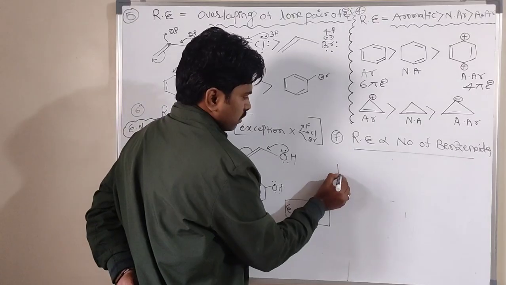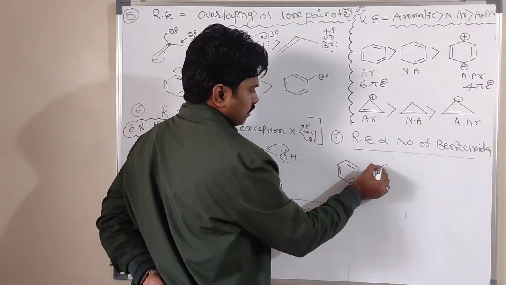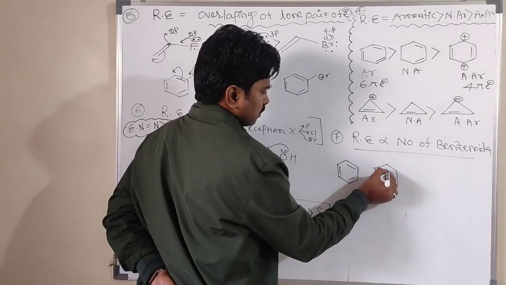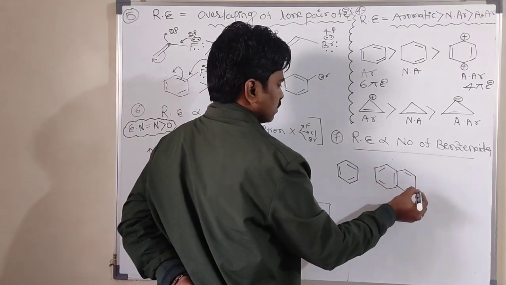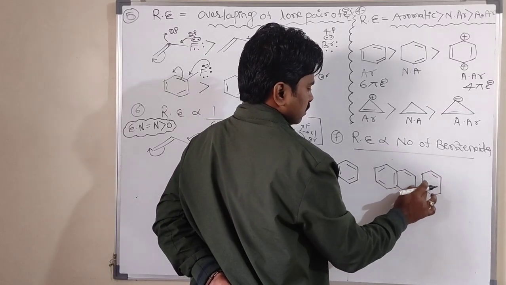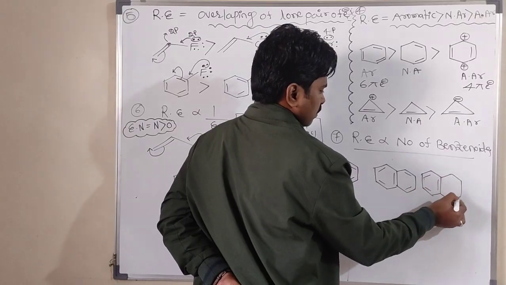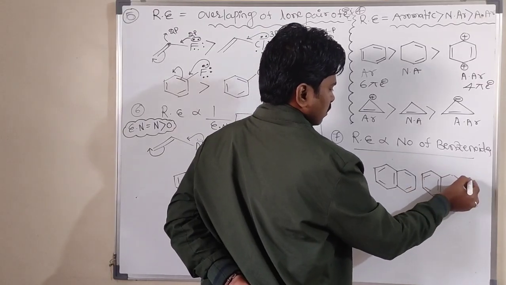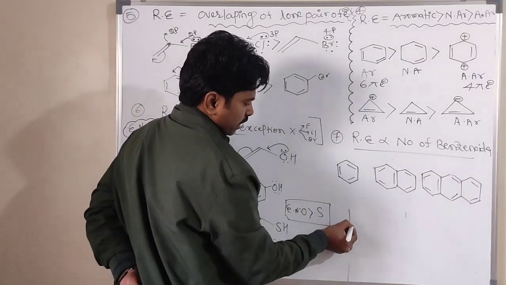So I mentioned benzene, and the second one naphthalene. This is the naphthalene. The next one is anthracene. The next one is phenanthracene.